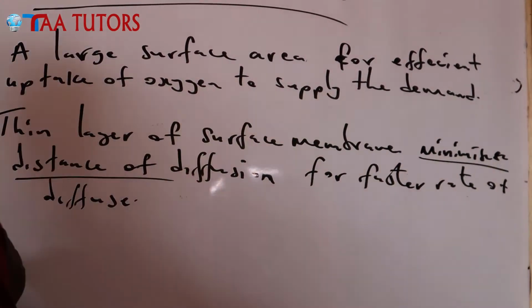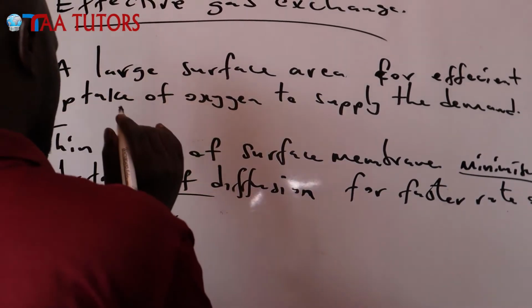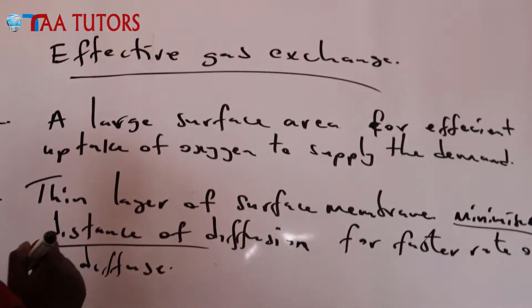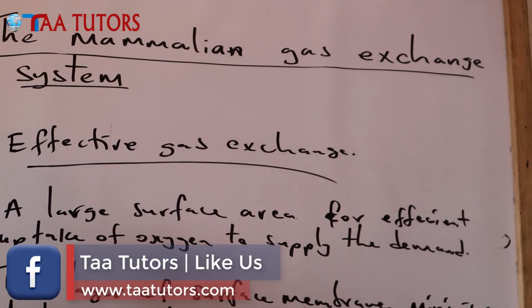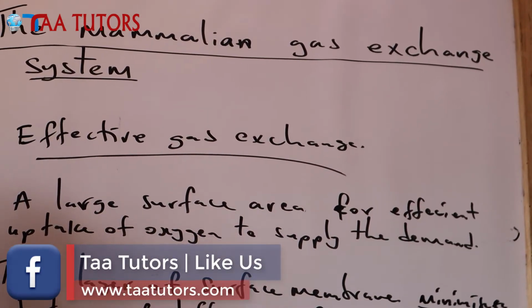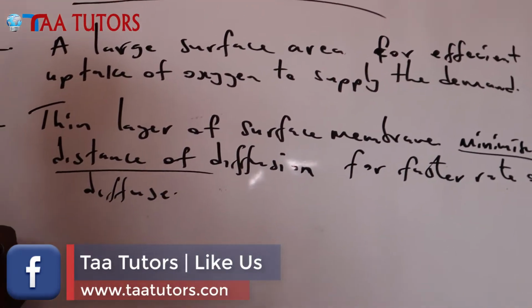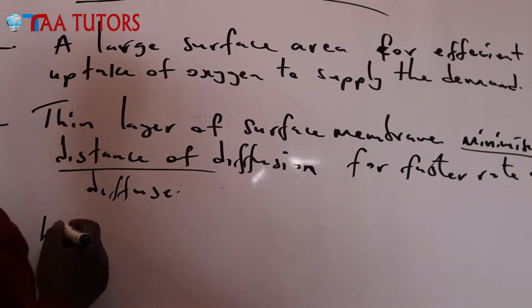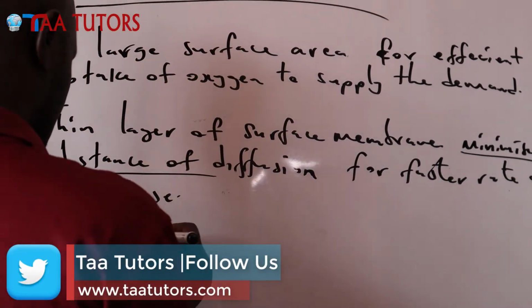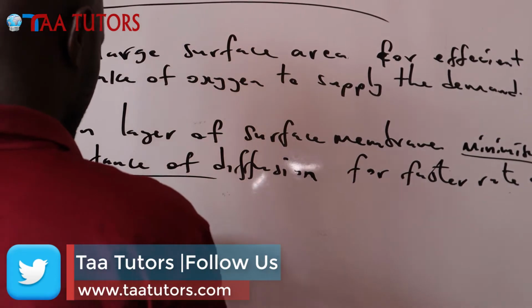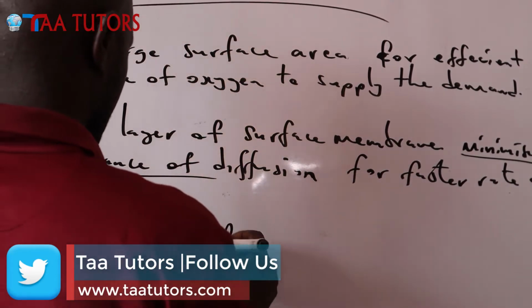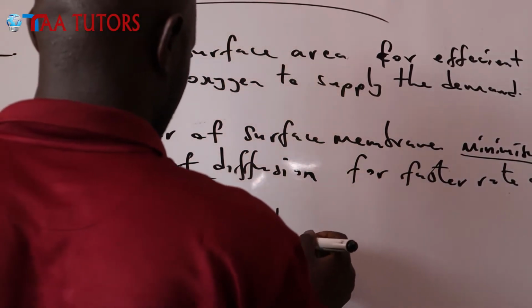Then in mammals here, the surface area for gas exchange has a high supply of blood vessels. So you can talk about a high supply of blood vessels.